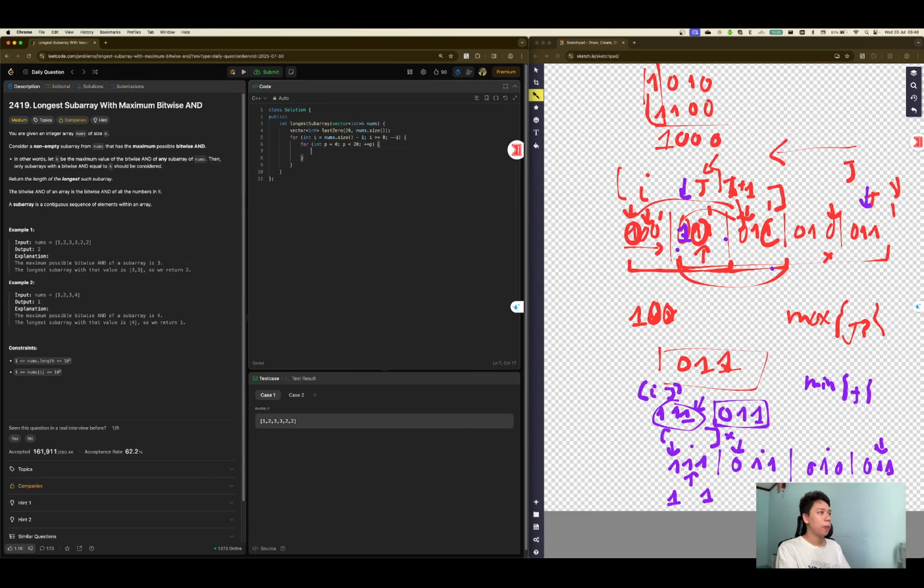Yeah, first of all we need to find the highest. This is the 0 1 2 and this is the highest, so I'm going to loop from there.